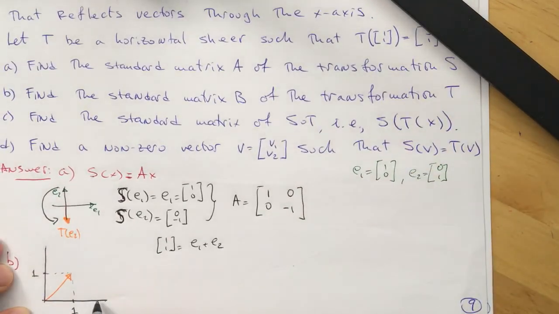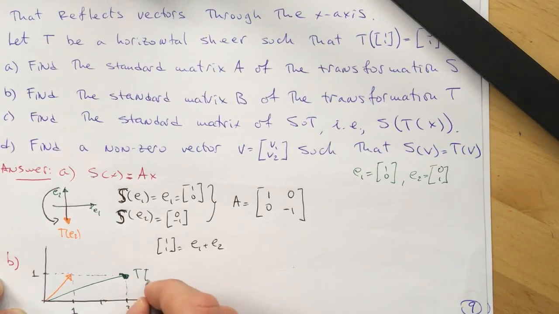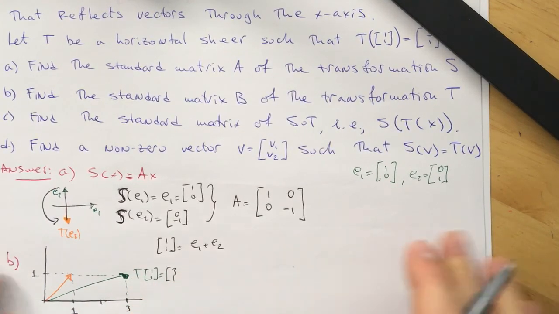So 1, 2, 3. This is T of (1, 1), which is (3, 1).